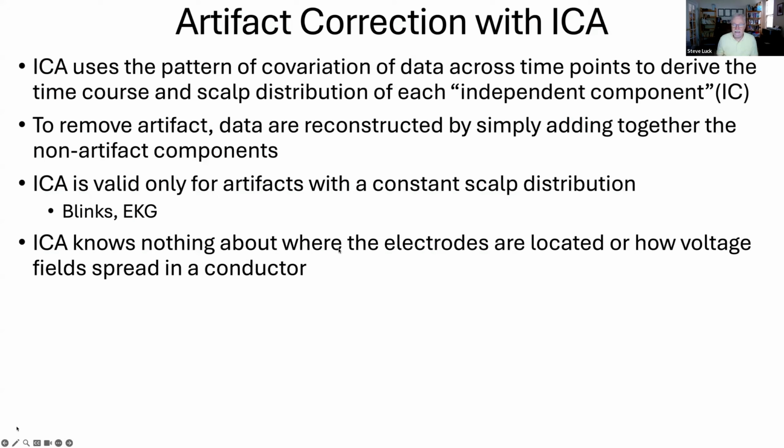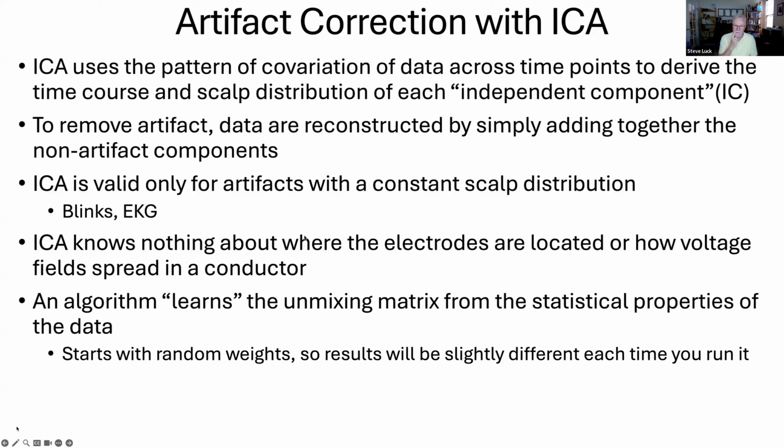So ICA is a statistical technique. It doesn't know about electricity or electrodes or voltages or anything. It just knows that it has a bunch of samples from different variables. That's all it knows. And it has an algorithm that learns how to unmix.